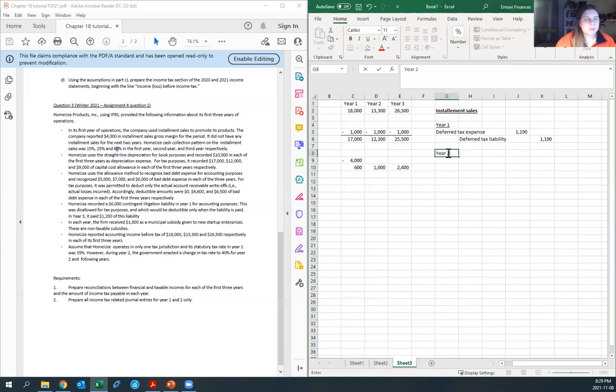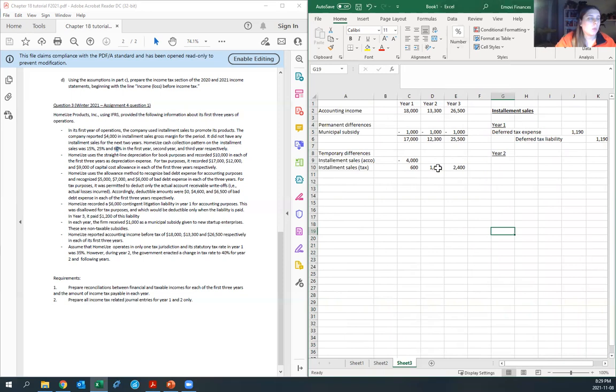For year 2, what happened? Well, now you didn't record anything linked to the installment sales, but you did receive cash of $1,000. So you want to reduce the deferred tax liability that you set up in year one by this amount.